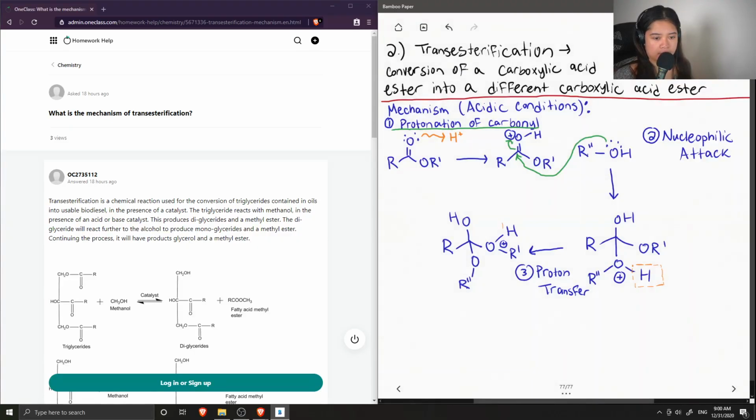So here is the proton transferred to the second oxygen.